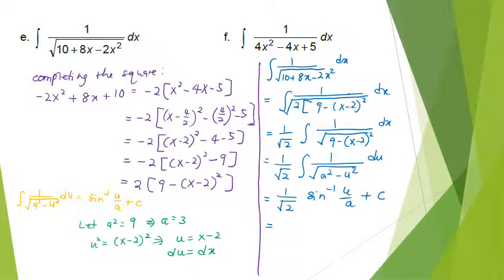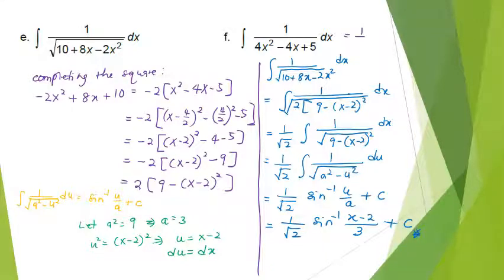Okay, substitute the value u and a, 1 over square root 2 sine inverse x minus 2 over 3 plus c. Okay, so this is the answer, right? So for F, I give you the answer.